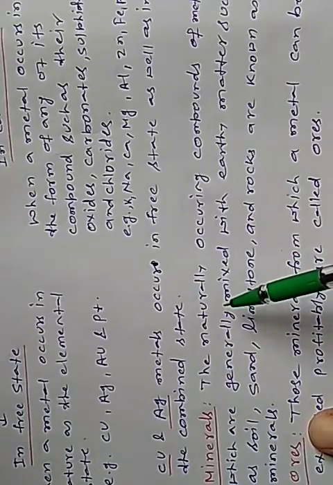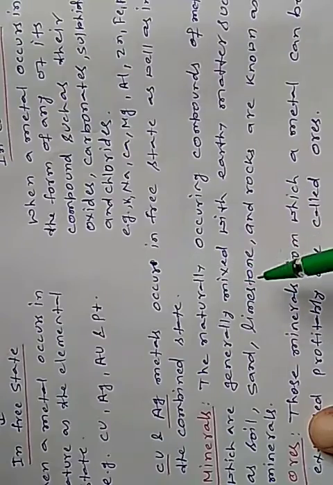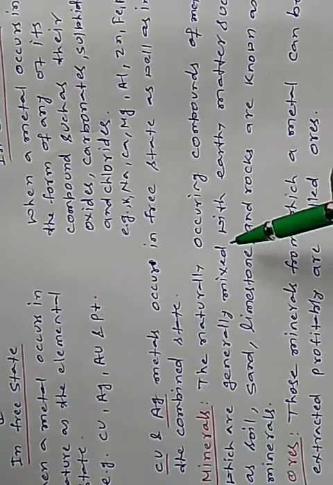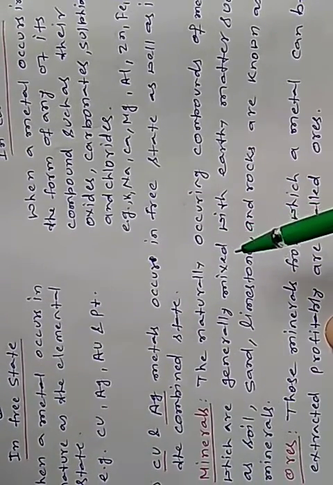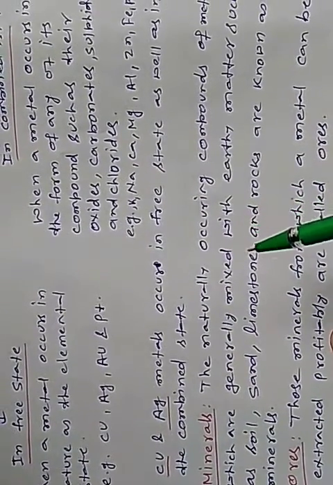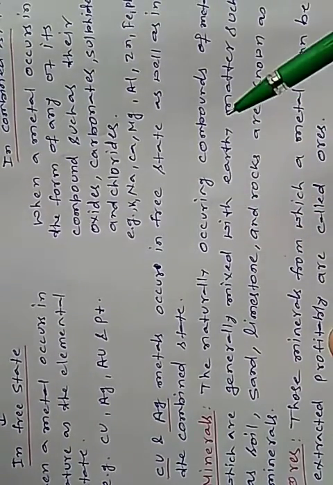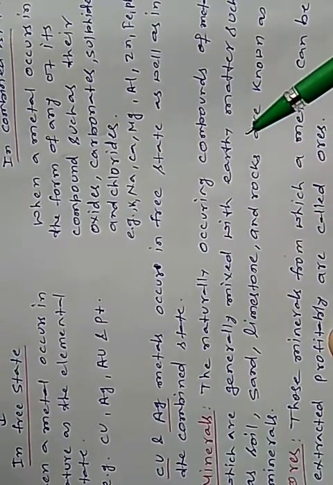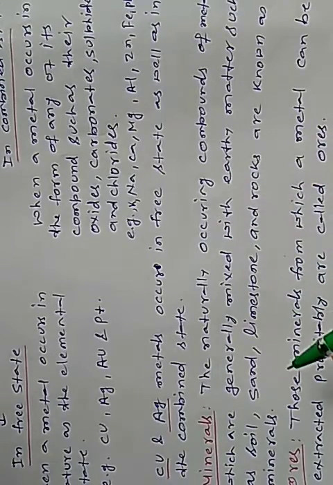So generally the metals are present in the earth crust in the combined state or in the free state. These naturally occurring compounds mixed with earthy materials, sand, limestone, rock, etc. are known as minerals.